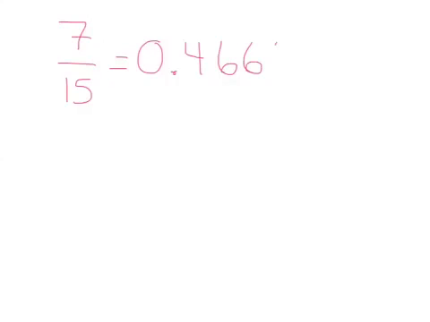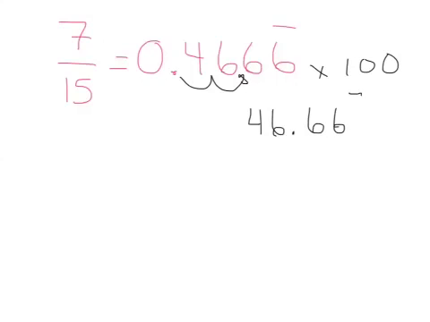Now I'm going to write a few of them out. 0.466 repeated. We multiply by 100. Now we have 46.66%. If you picture your circle, can you draw 0.66% accurately on your circle?